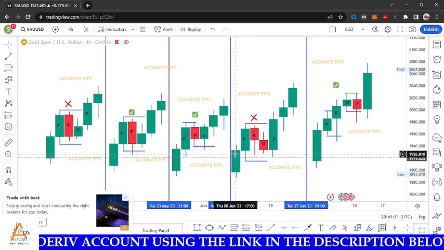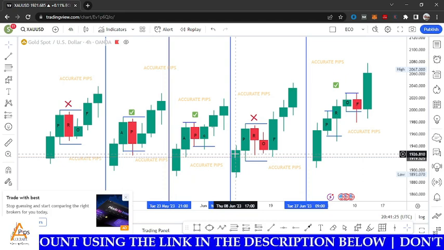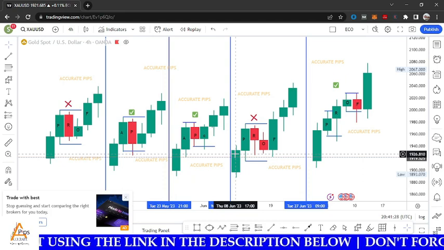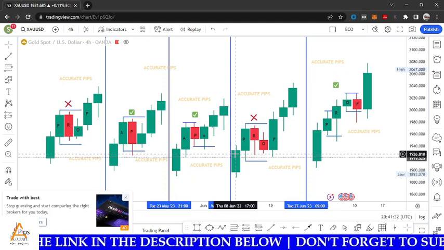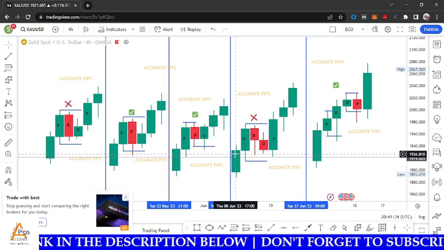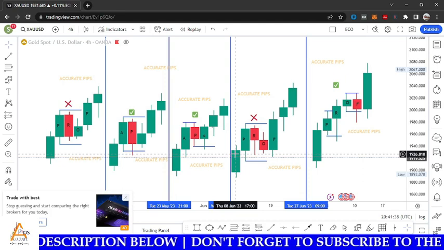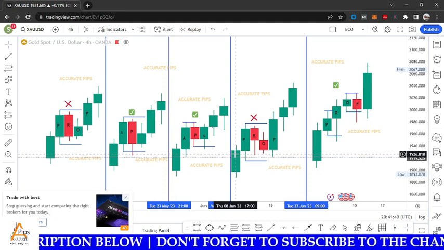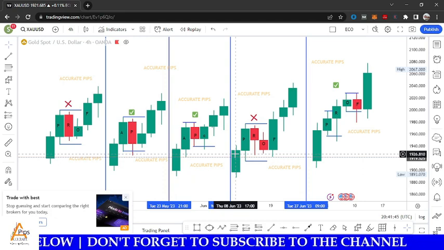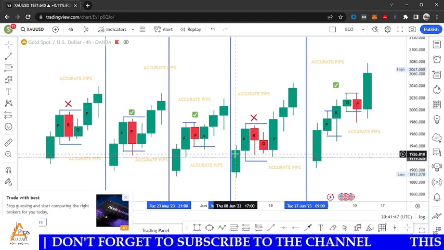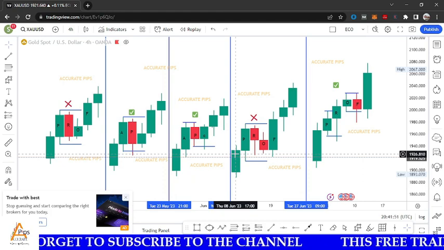One thing you need to understand is that when we are in a bullish market, the market takes the low of the previous candle to confirm a valid pullback. Since we are in a bullish market, you must always be looking out for candles that are taking the low of the previous candle to confirm a valid pullback.